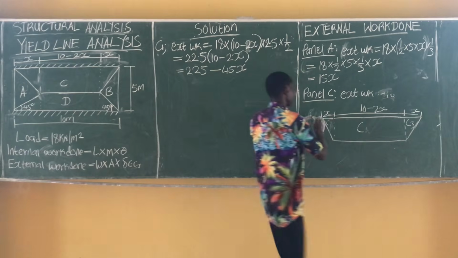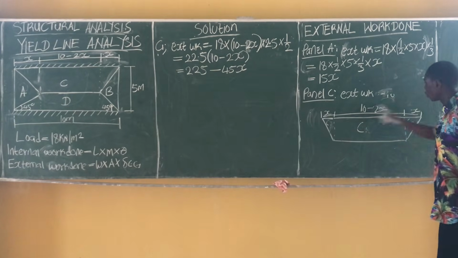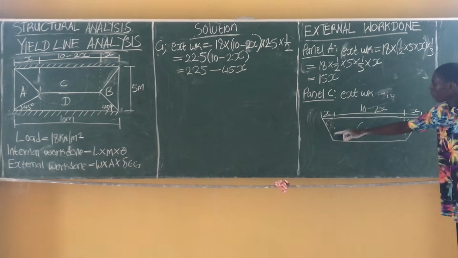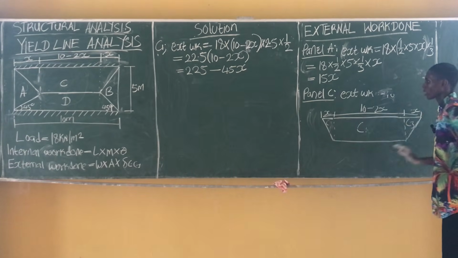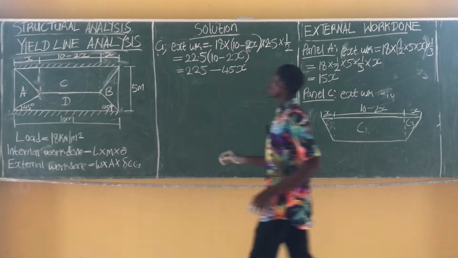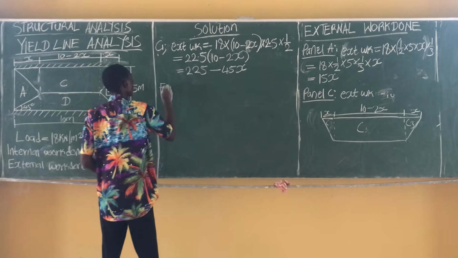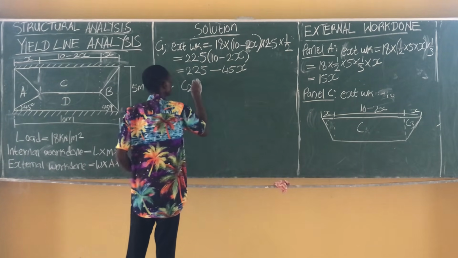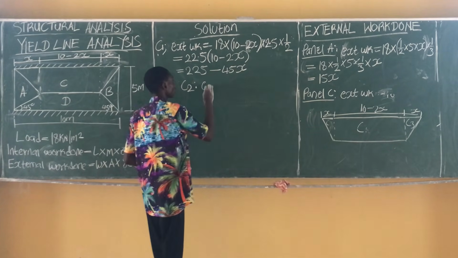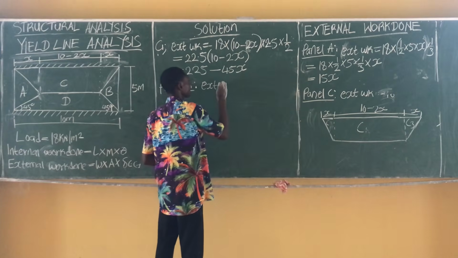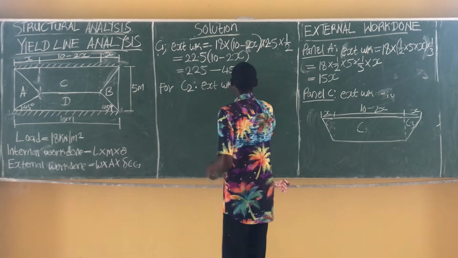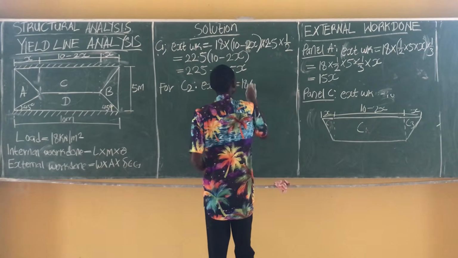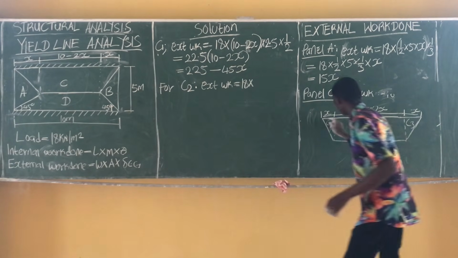Now we need the total external work done for this entire segment. So we determine for this, multiplying the value by 2 and adding to this, we have the external work done for the whole segment. So for C2, which is a triangular segment, external work done is simply equal to the load, which is 18, times the area of the segment we are considering.